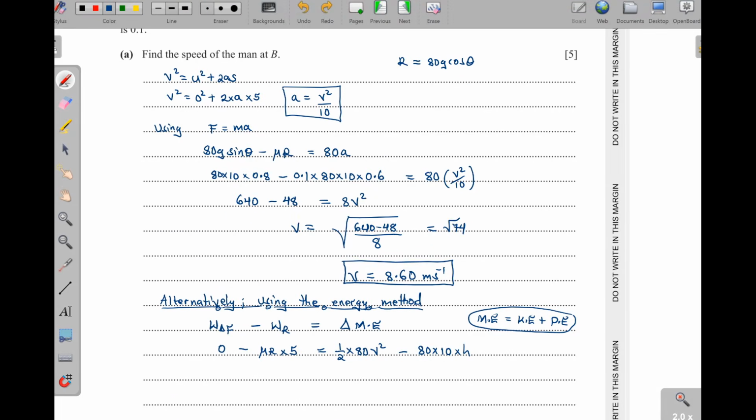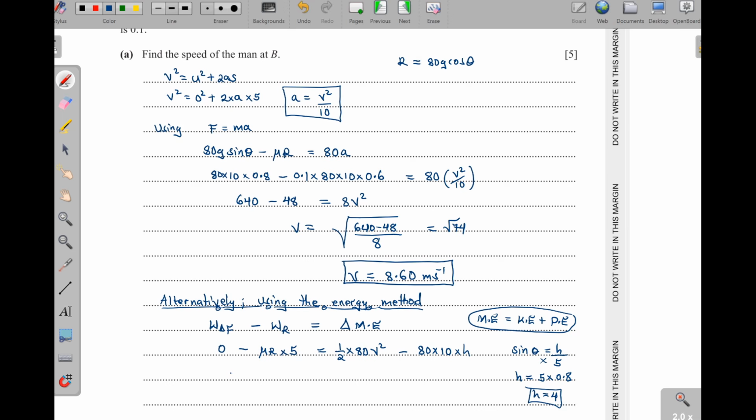We have sine of theta, which is equal to h out of the hypotenuse, which is 5. So when I cross multiply, that means our h is going to be equal to 5, then times sine of theta, which is 0.8. So that is how h comes to be a 4.